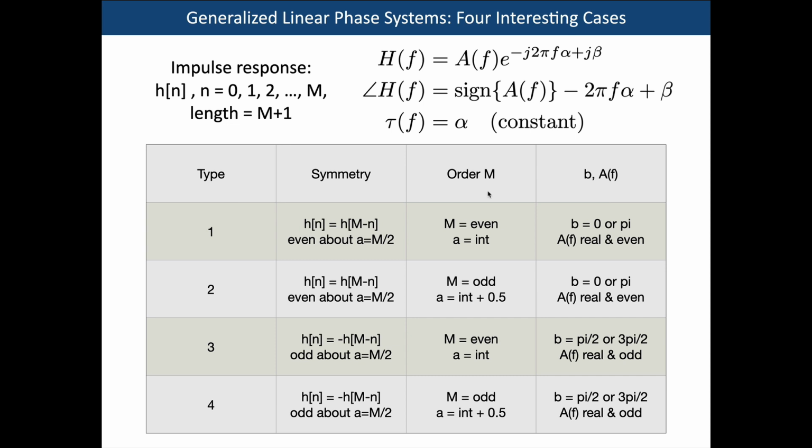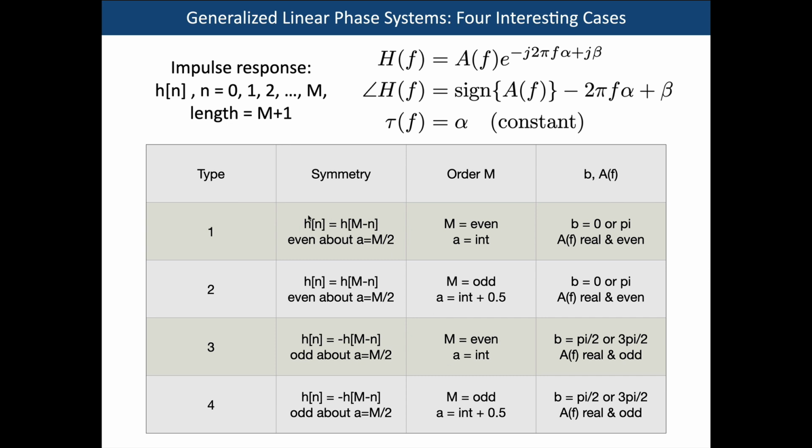It can't be a non-integer. So half of the order will either be an integer, if M is even, or an integer plus 1/2 if M is odd. And then in the other cases, 3 and 4, we have odd symmetry in the impulse response, and the order could be either even or odd in that case as well.